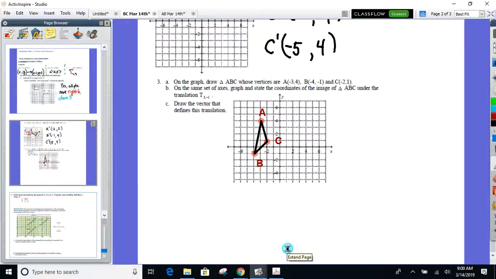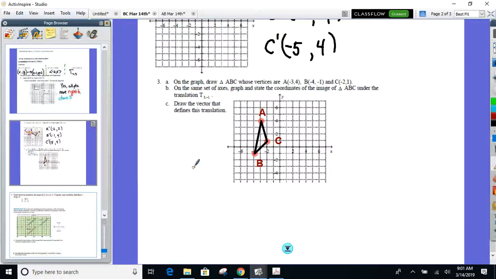Now you have that other notation with the capital T now. All right, so go ahead, graph triangle ABC. And then in the image under this other notation, take a look at part B real quick. How do I know this is a translation? Other than that's the notes we're doing today. It's a capital T. Take a look at the numbers underneath. What are you going to do to points A, B, and C? Right 3, down 1.